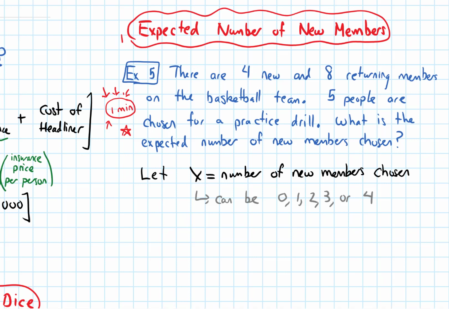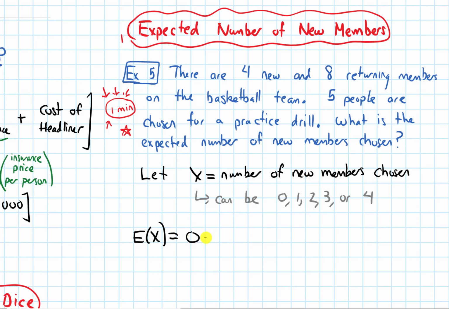All right, so we are ready to start to formulate our expected value. The expected value, we take each of these values, 0, 1, up to 4, and multiply it by the probability of it occurring, and then sum those up. So the first value in this list is 0.